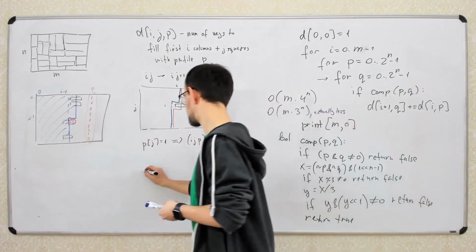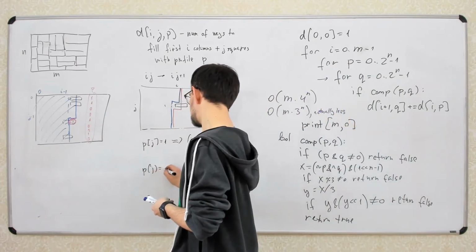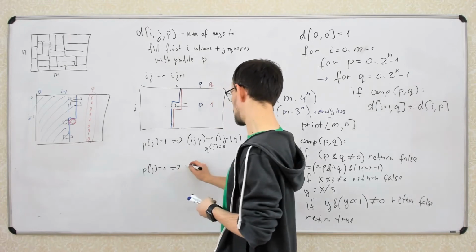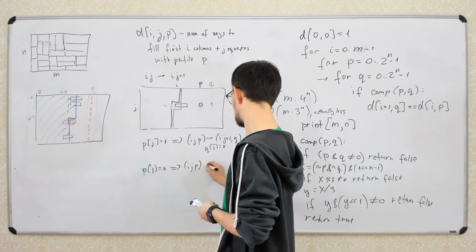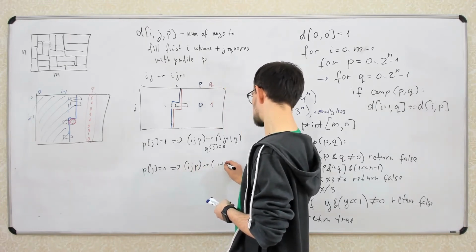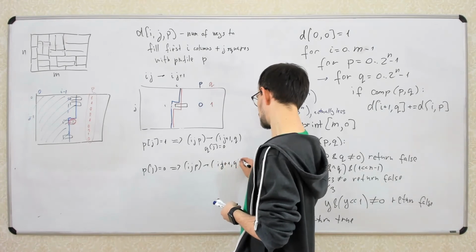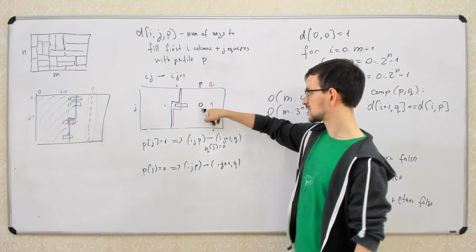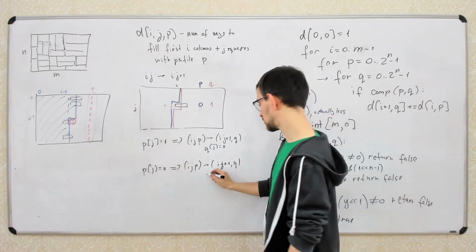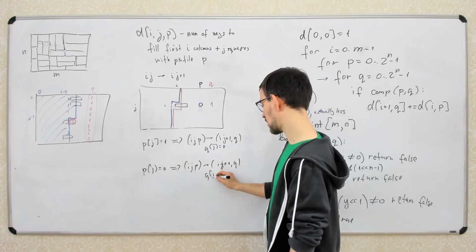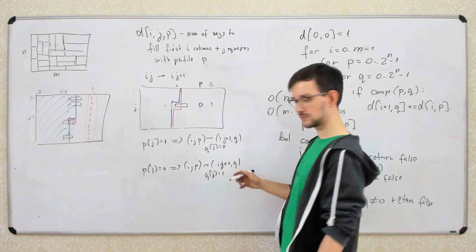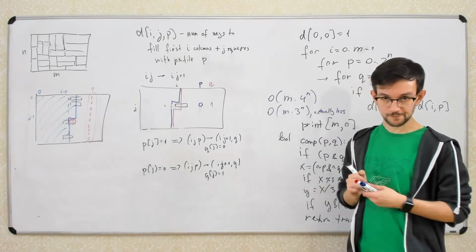So if Pj is 0, then we move from ijP to state ij plus 1 Q, and Q will be the same as P, but in bit j it will be 1. Cool.